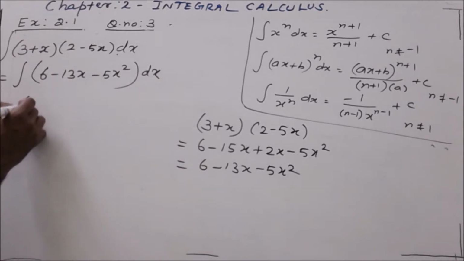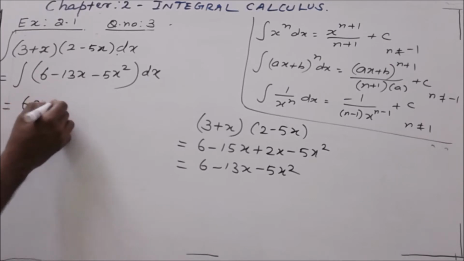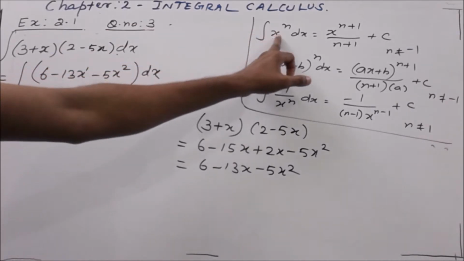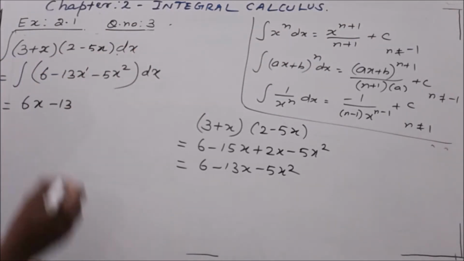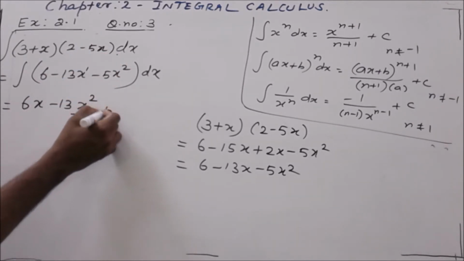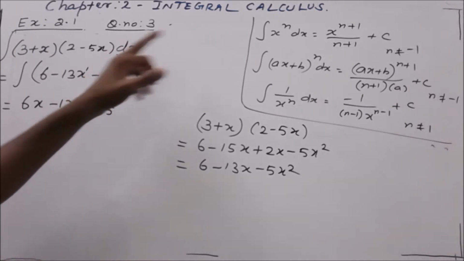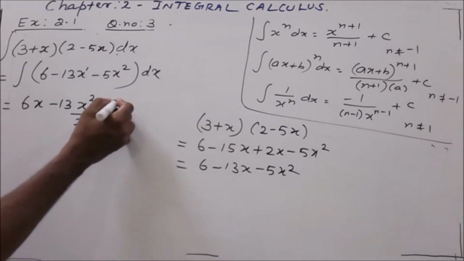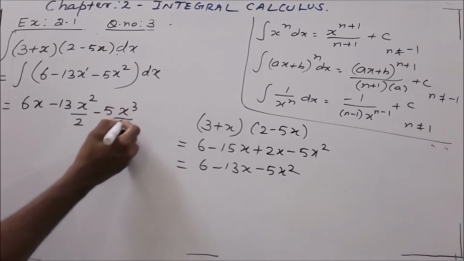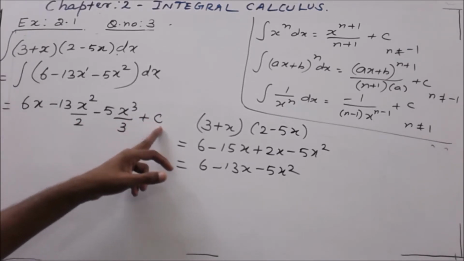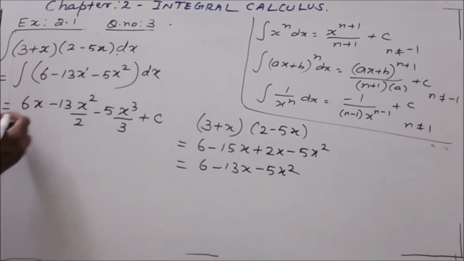So 6x minus, here 13 is a constant and x to the power 1, so we use the x^n formula, x^(n+1)/(n+1). So x^(1+1) is x², divided by 2. Minus 5x², where n is 2, so again by the x^n formula, x^(n+1)/(n+1), x³/3. Totally, we add a constant of integration c for all three functions. That is the final answer.